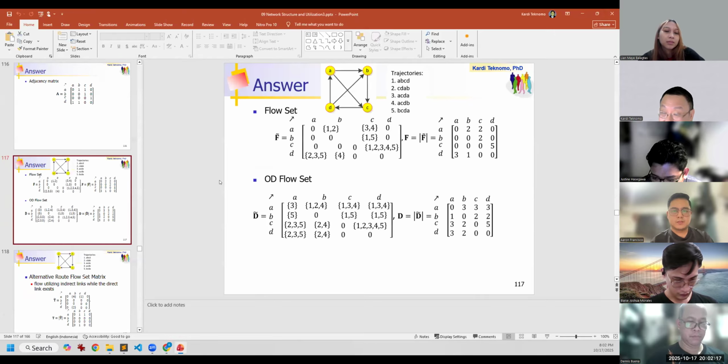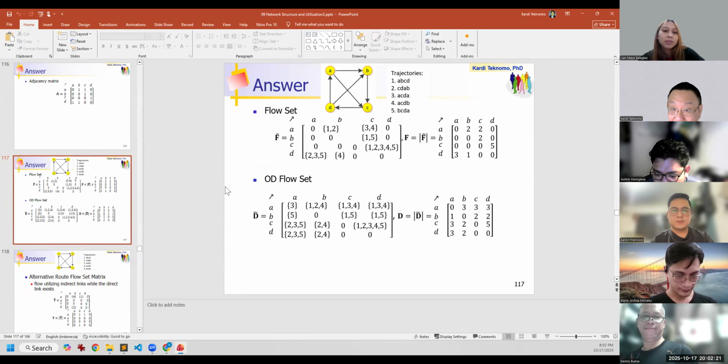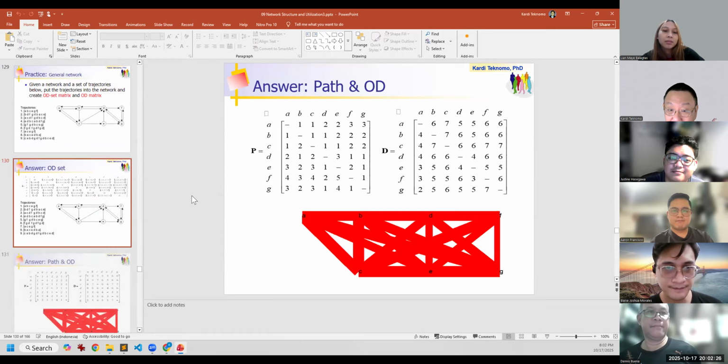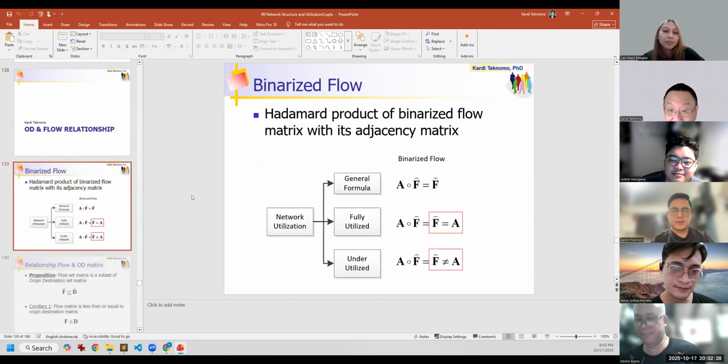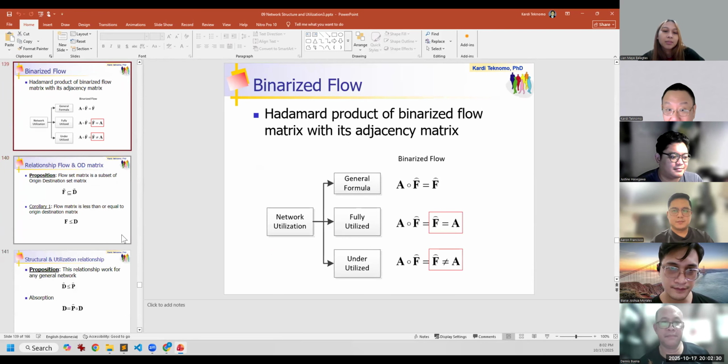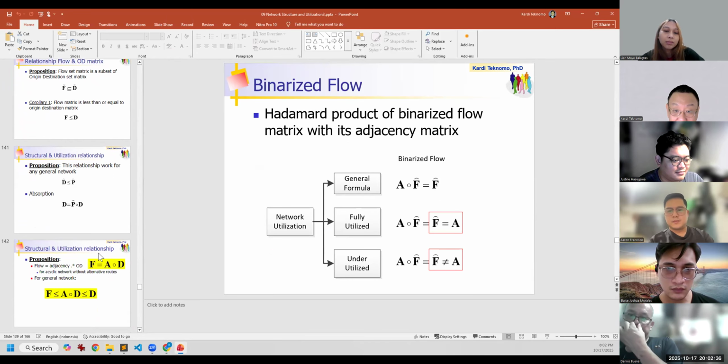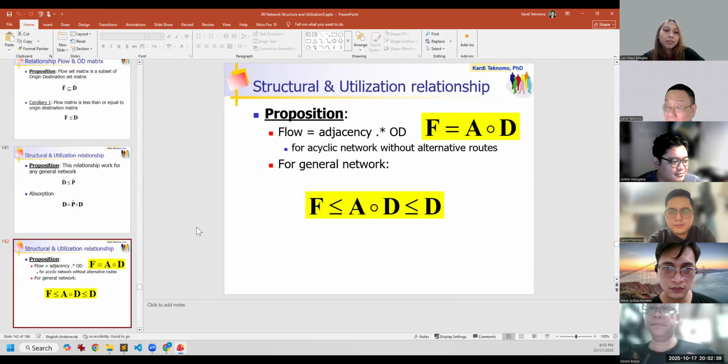So with that, I guess this lesson is done. I hope you enjoyed it. So what did you learn today? You can get the actual relationship between network structure and network utilization.